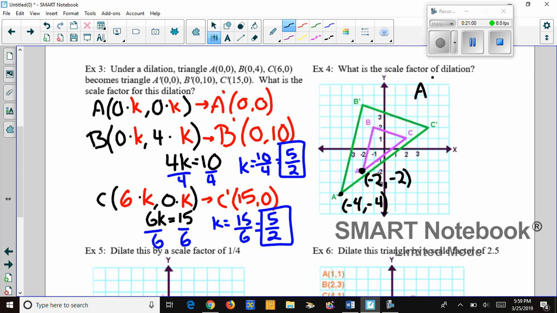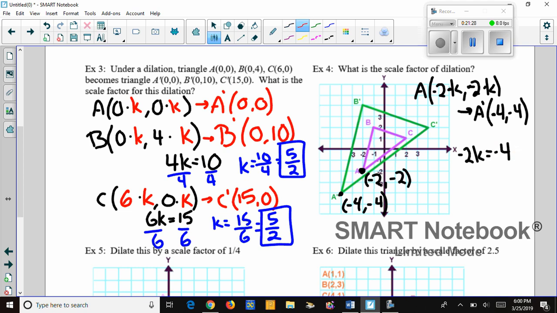A, which is at -2, I'm going to multiply it by K to see how that becomes A prime at -4, -4. We can use the fact that -2K equals -4. And when I divide, I find that our scale factor is 2.